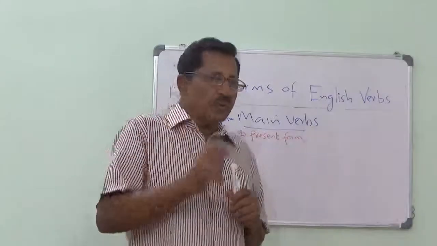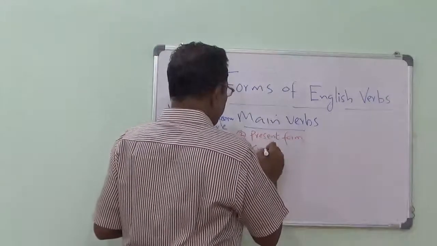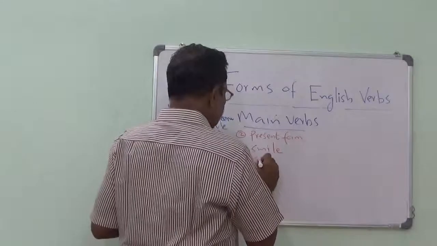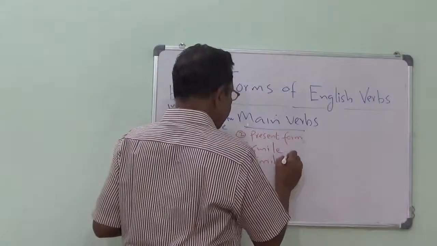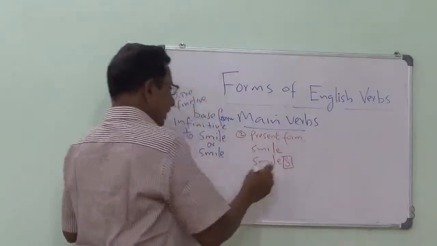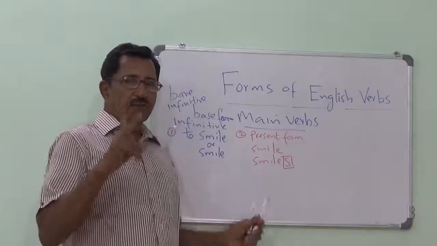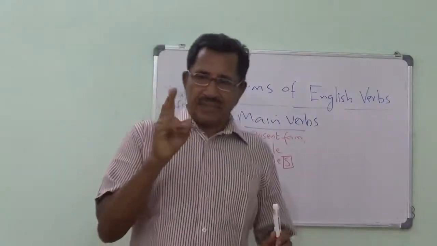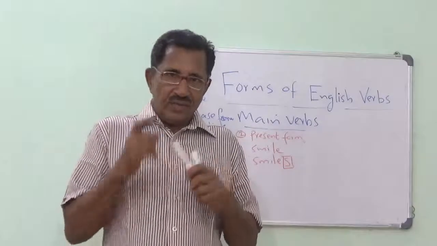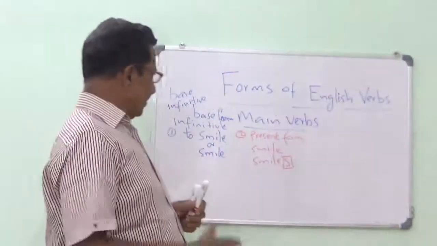And there we have two forms. One is smile, same, smile, and the other is smiles. The form with S and the form without S. There are two forms in the present tense. Smile, smiles. Where to use them, that we will see later, as usual.